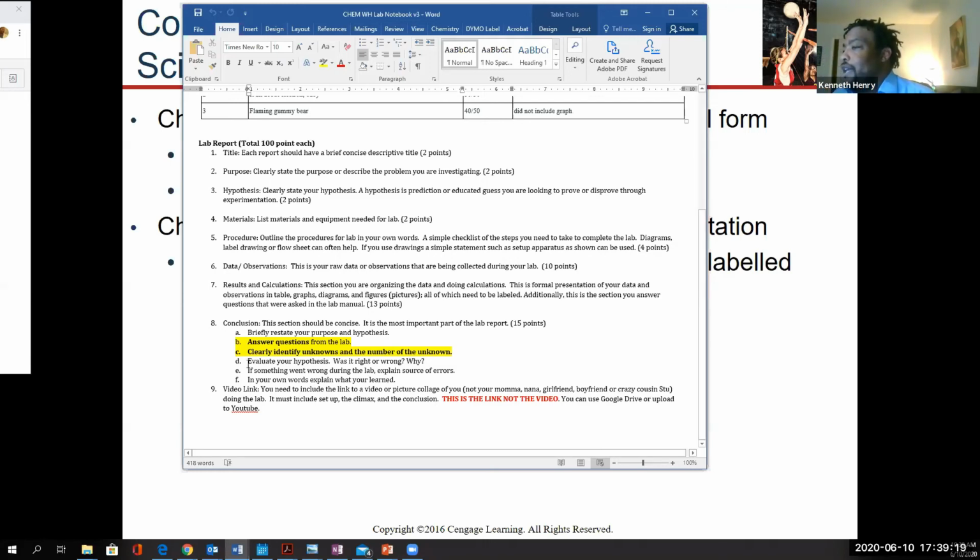You want to evaluate your hypothesis. This is the part where you can give me the spin, kind of like in a news show where they either lean to the left or lean to the right. You want to do exactly the same thing. Oh, yes, it was right because of blah, blah, blah, and give me all of your fluff. Not really fluff, but again, concisely give me that, okay? If the lab didn't work, you want to tell me what went wrong, and also how it went wrong, right?